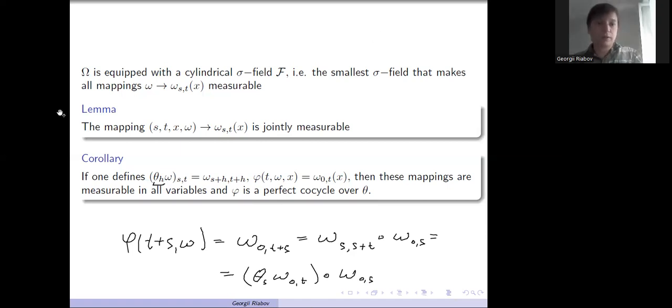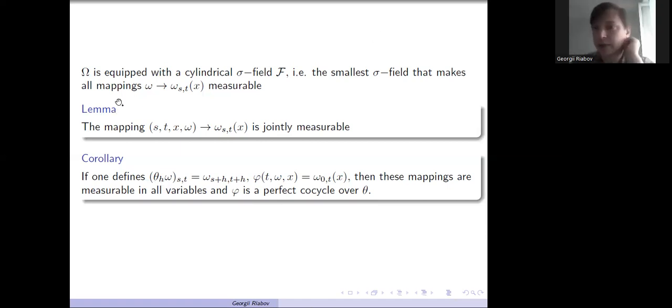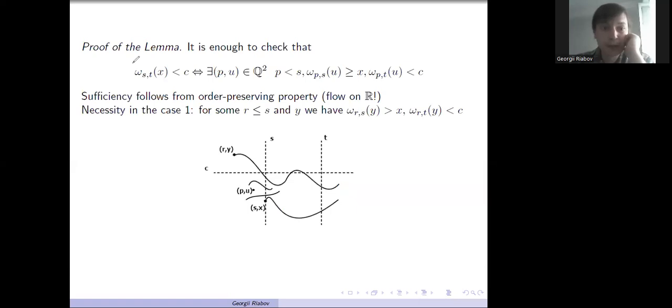Okay, now let's look at the lemma. To prove the lemma, we need to show that such an event is measurable in s, t, x, and omega. The event means that the value of the flow is below c.